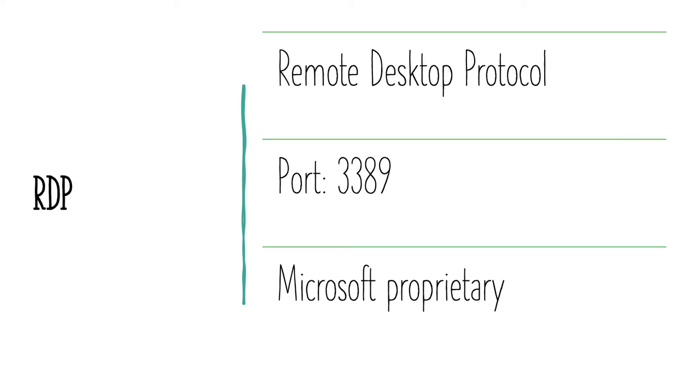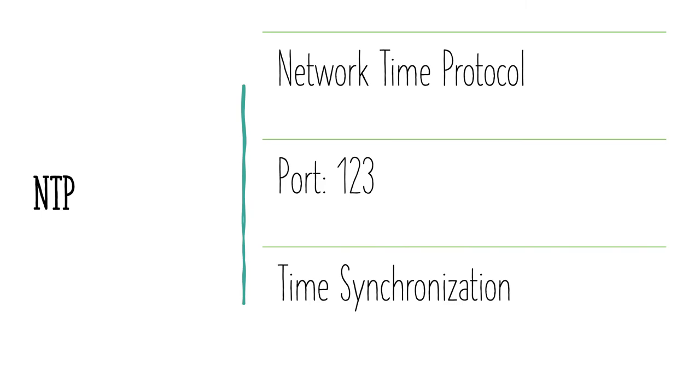RDP, or Remote Desktop Protocol, which communicates over port 3389, is a Microsoft proprietary protocol. RDP is used to establish remote connections to computers. To ensure all devices connected to the network are synchronized, we use NTP, or Network Time Protocol. NTP uses port 123 to exchange time synchronization information.